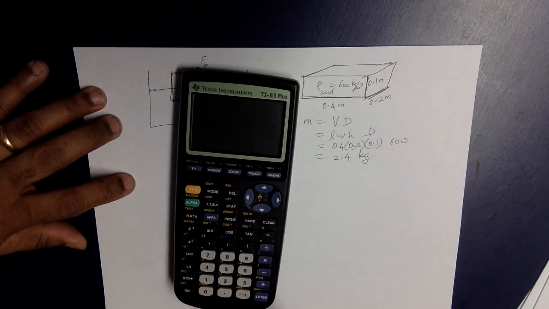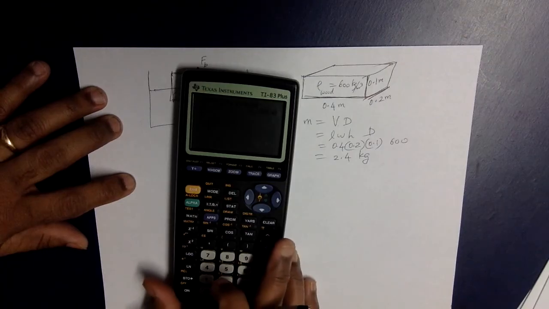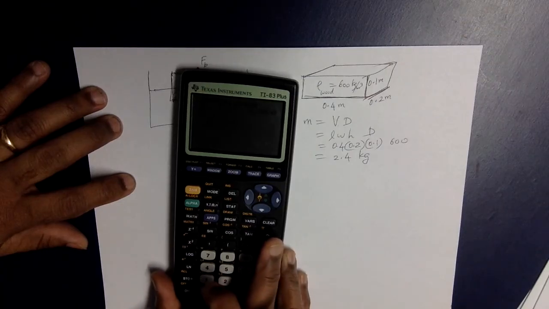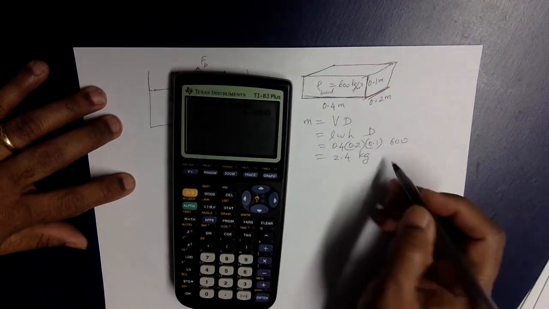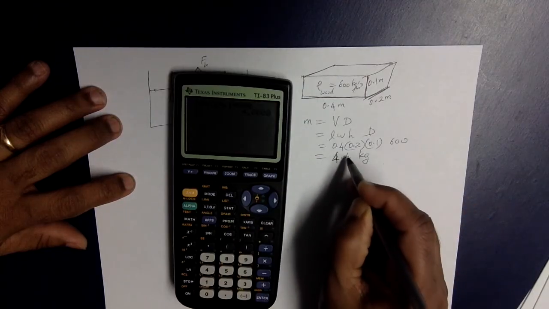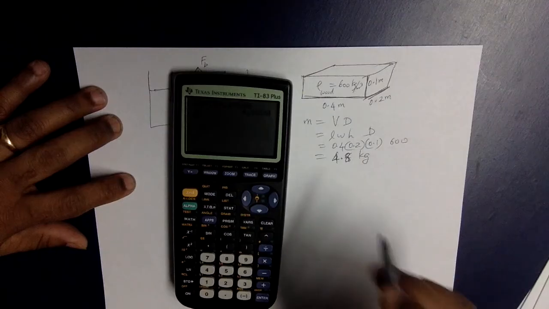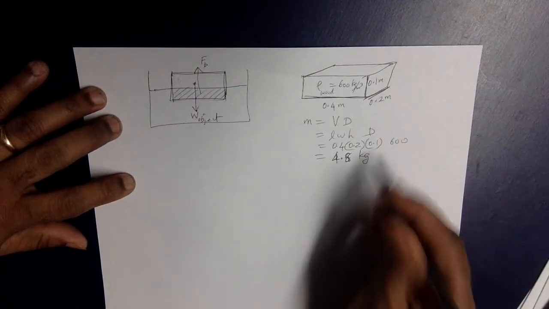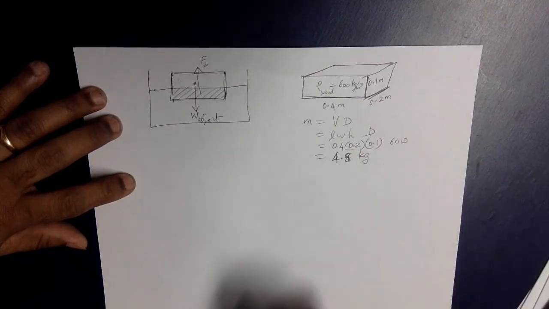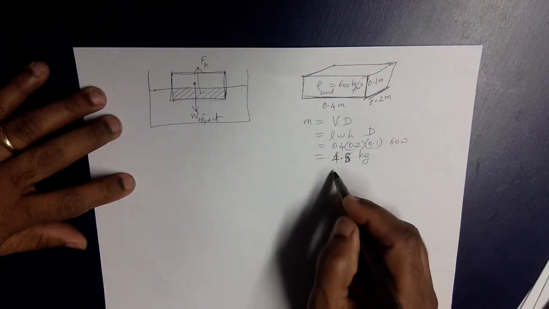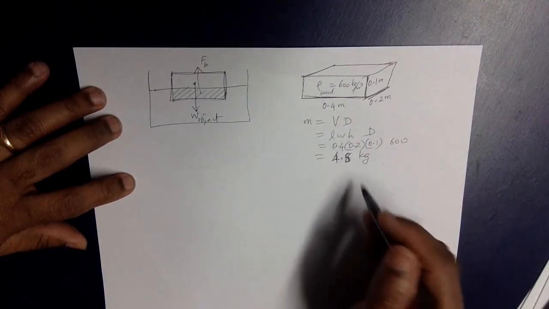Just for confirmation, 0.4 times 0.2 times 0.1 times 600 equals, oops, wait a minute, I forgot that. So it's 4.8 kilograms. Yes, 4.8 kilograms is the mass of the object.